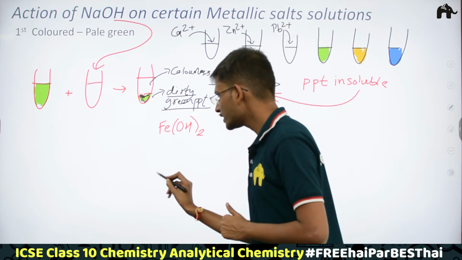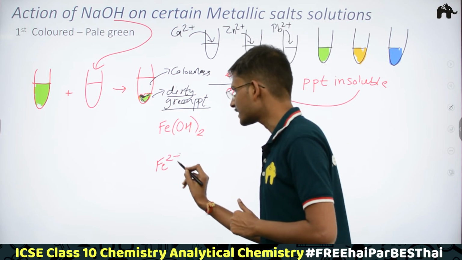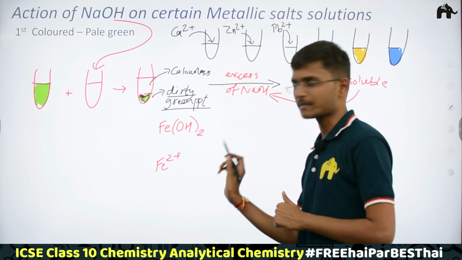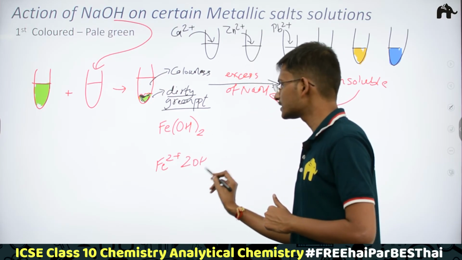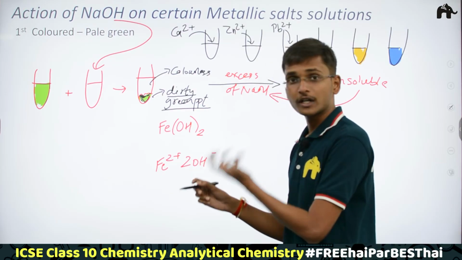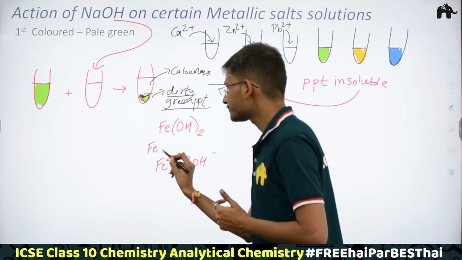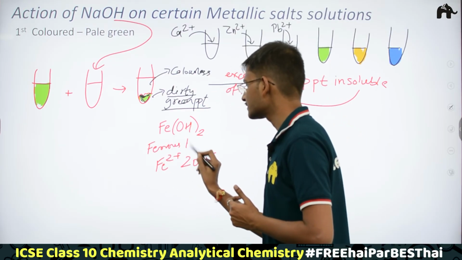Now why am I calling it ferrous? Because it has the ferrous ion, Fe2 plus ion, and 2 OH minus ions would form this Fe(OH)2, which is called ferrous hydroxide, right?